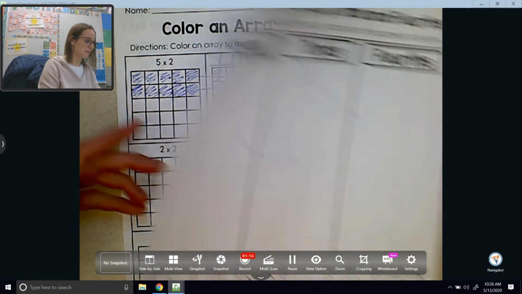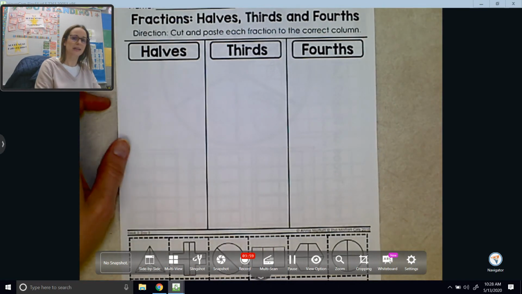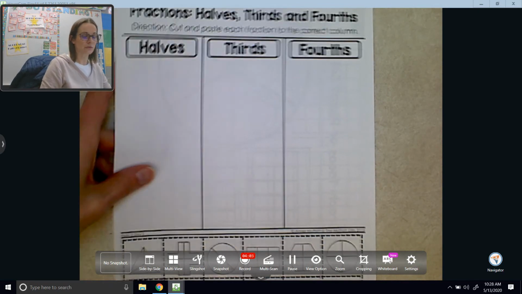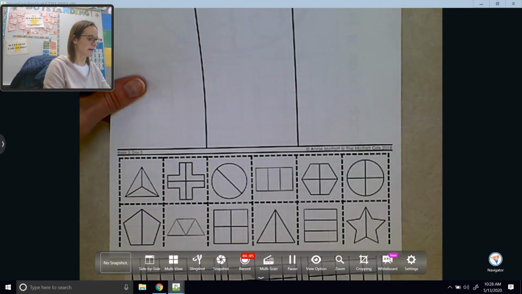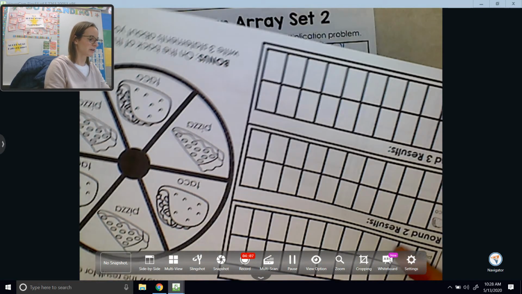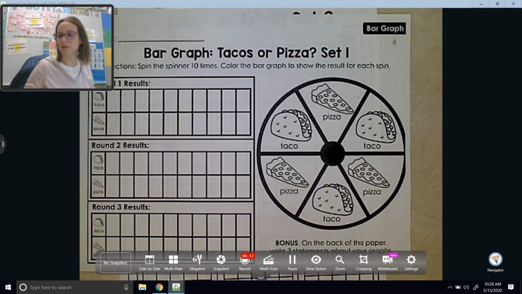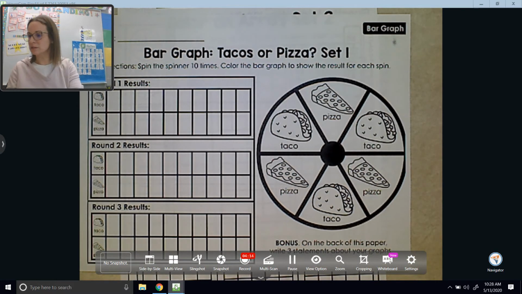The next paper I wanted to look at is fractions, halves, thirds, and fourths. Before you go ahead and cut the bottom off to place those, you're going to want to flip it over and actually do your bar graph first. Tacos or pizza?